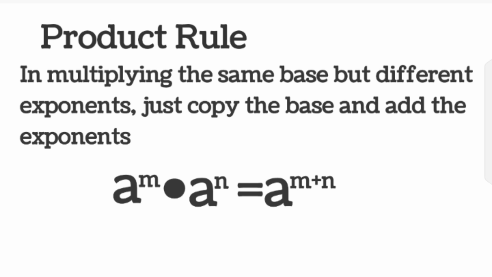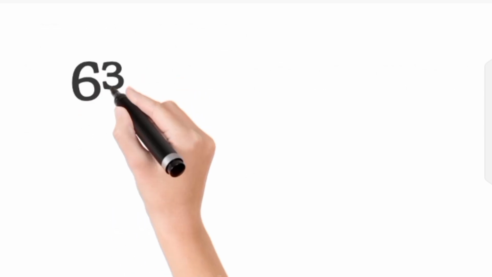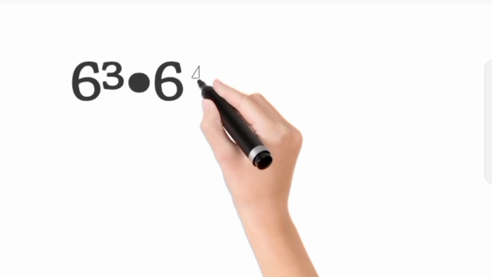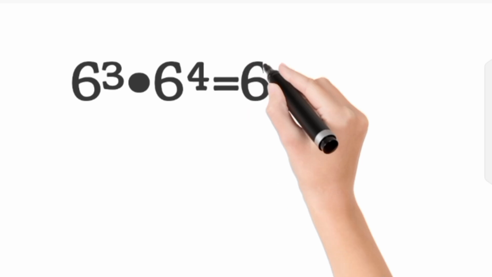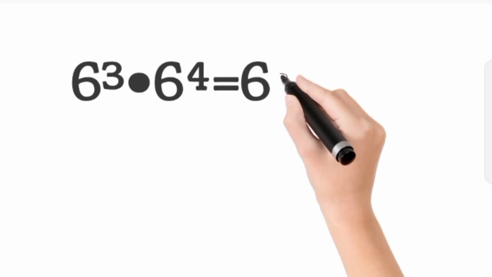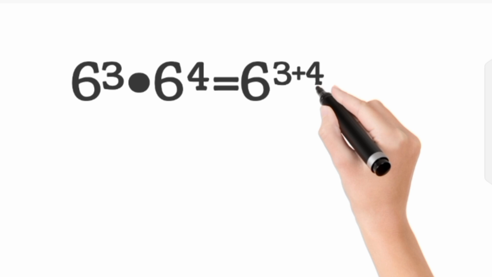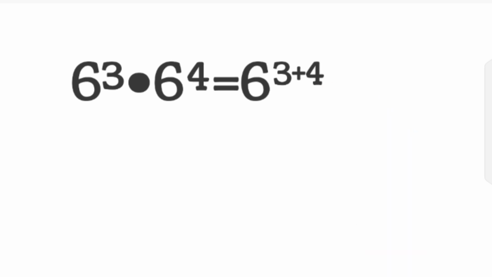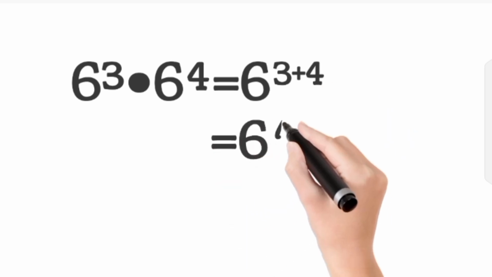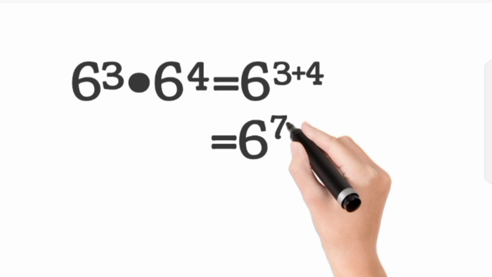So you add the exponents. For example, 6 cubed times 6 to the fourth equals 6 to the power 3 plus 4, which equals 6 to the power 7. 3 plus 4 is 7.